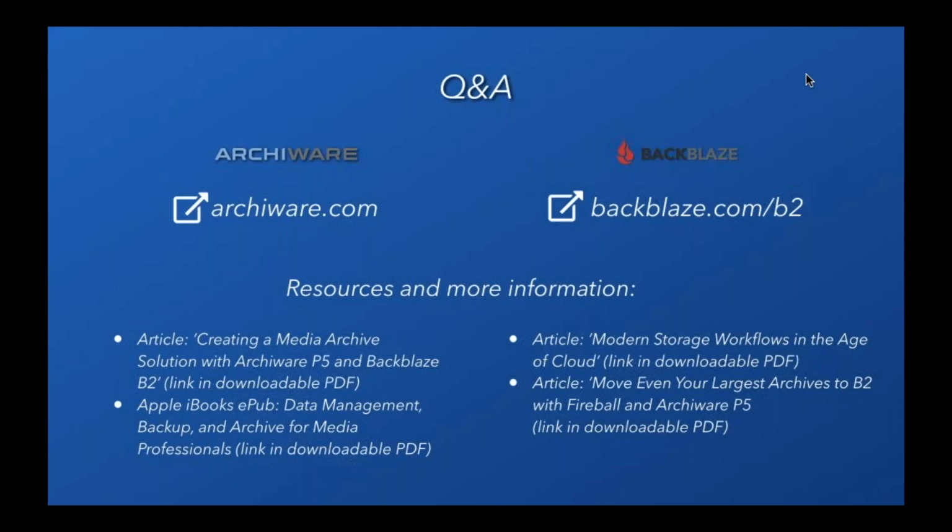Perfect. I see another question here that I would like to take because it's geared towards P5. Do backup, sync, and archive modules all come with the same install? Yes, there is one installer package and only one installer package for your specific platform, be it Mac, Windows, or Linux, or we also are running on some NAS devices, so you can install us and switch on the individual modules by licensing them.